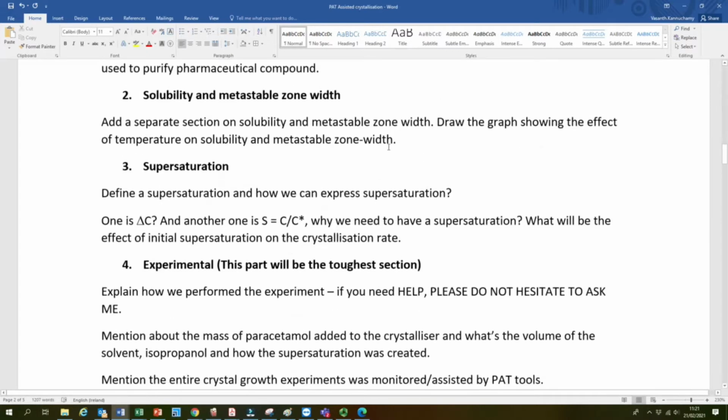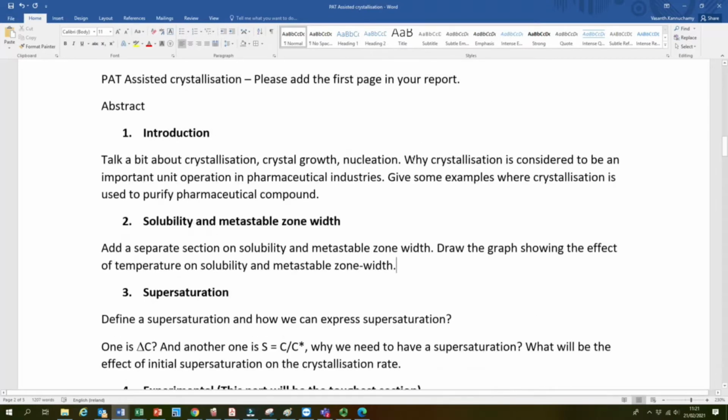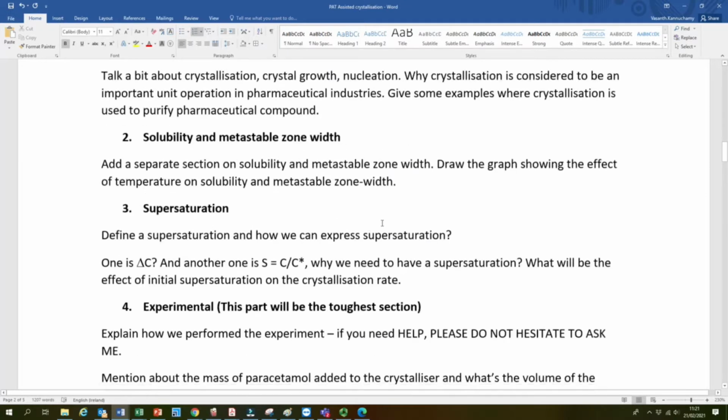Instead of just writing that crystallization is super good, all good, everything fine, you can add even an image of a crystallization unit, like how a batch reactor looks. There is no limit for the number of figures or tables that you want to include in the lab report or in your assignment. And then talk a bit about supersaturation.